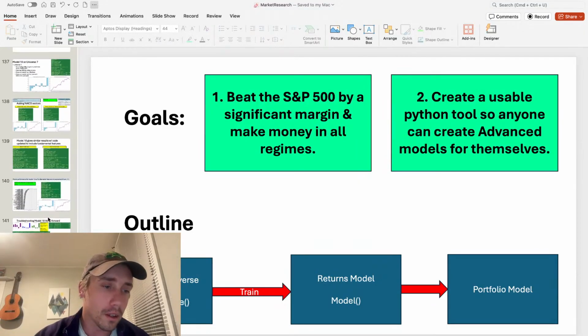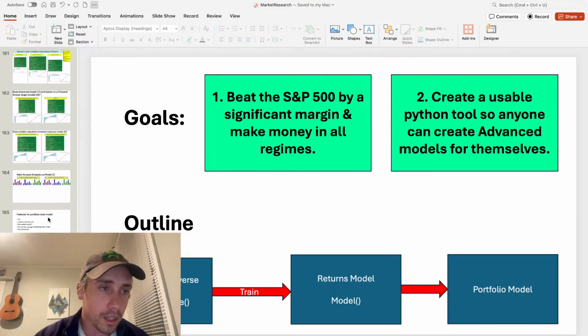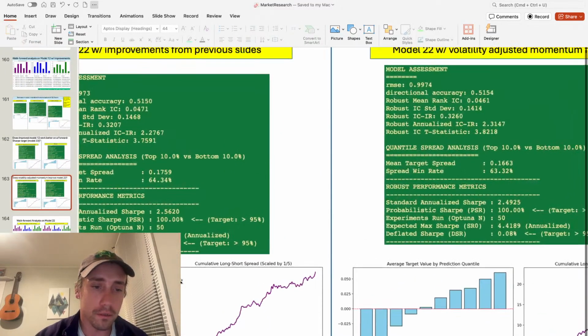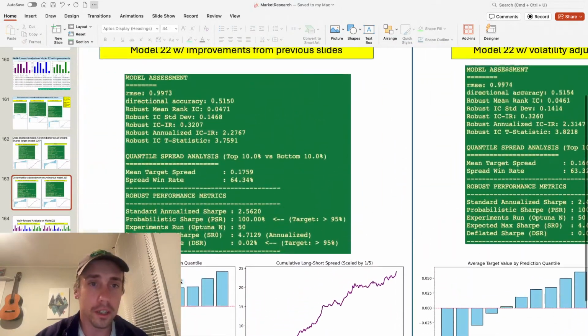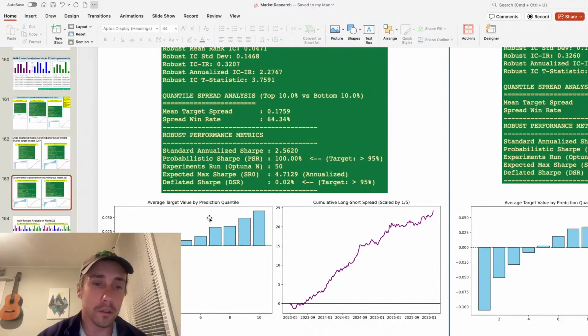But like this returns model I have, this is really nice. The information coefficient is really high, way higher than the minimum for being able to be implemented. All of these metrics down here are showing it's really stable. The decile analysis looks really good. It's increasing monotonically.